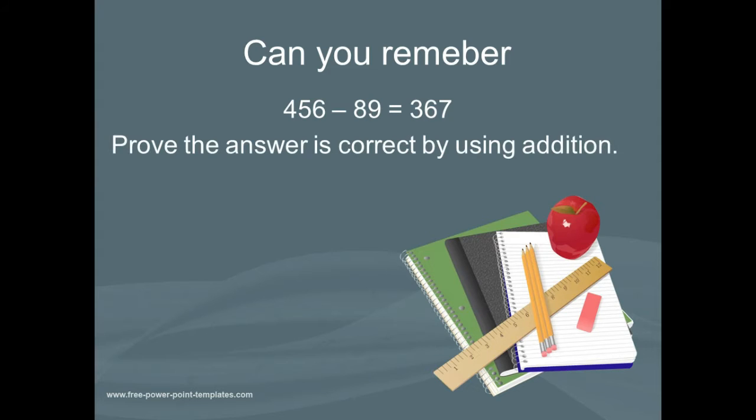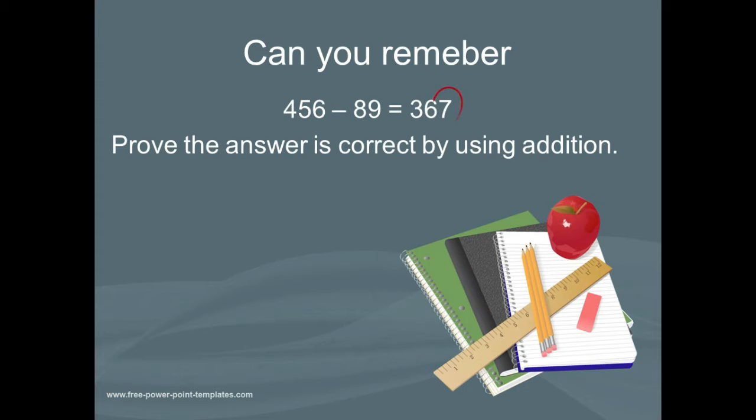I will give you a sum and then I will ask you to prove the answer is correct by using addition. I gave you the sum of 465 minus 89, and that will give you an answer of 367. Now I ask you to prove it by using addition.